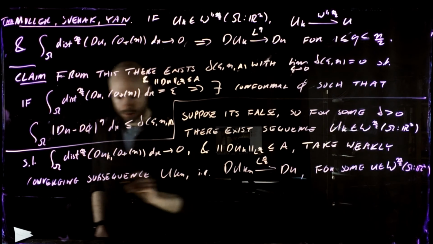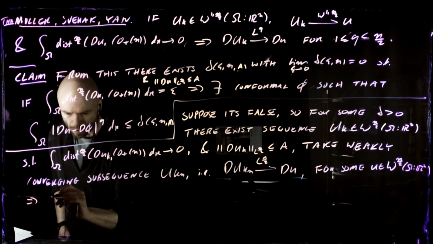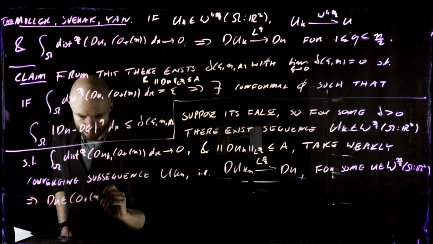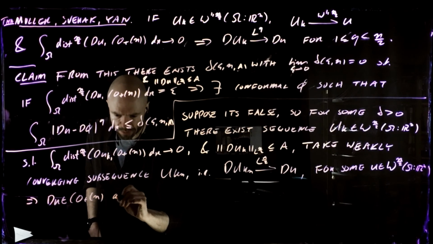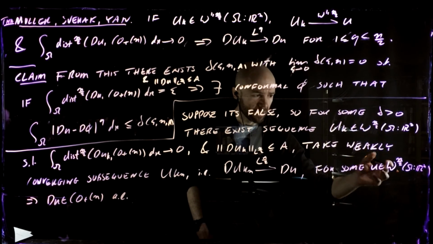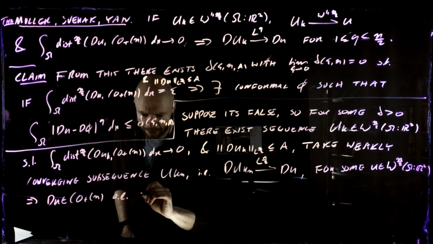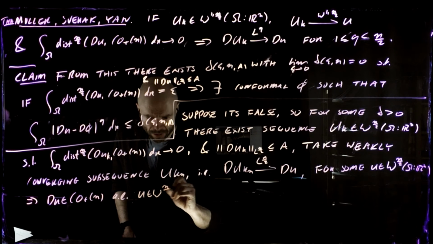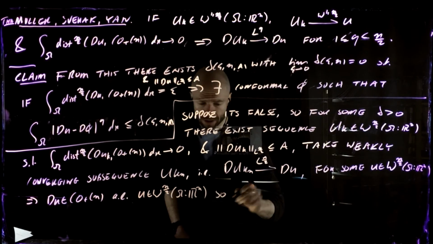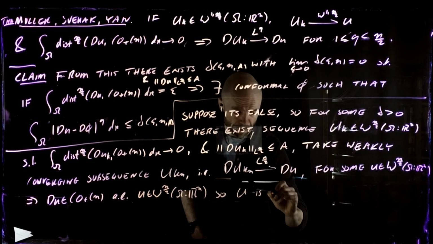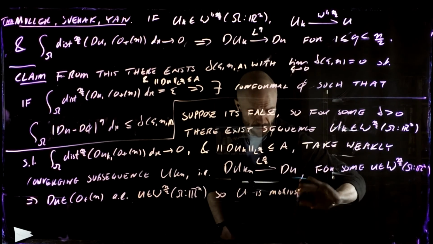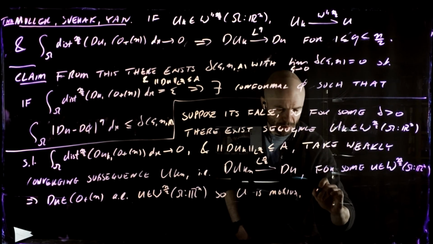So this implies that u belongs to the conformal matrices almost everywhere. And it's sufficiently regular, so this is a big theorem, that this is sufficient regularity. So actually, u is Mobius. It is one of these guys.